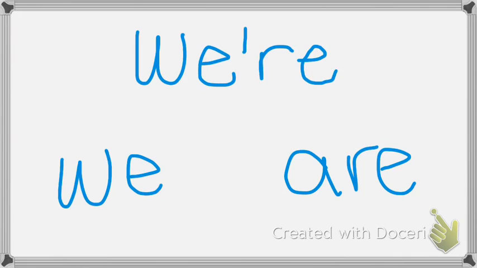So instead of saying we are awesome, we can say we're awesome. And I took off the A and I replaced it with the apostrophe, and then I used the R and the E.